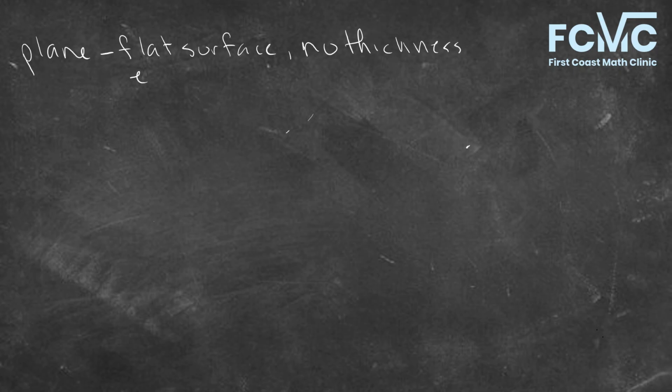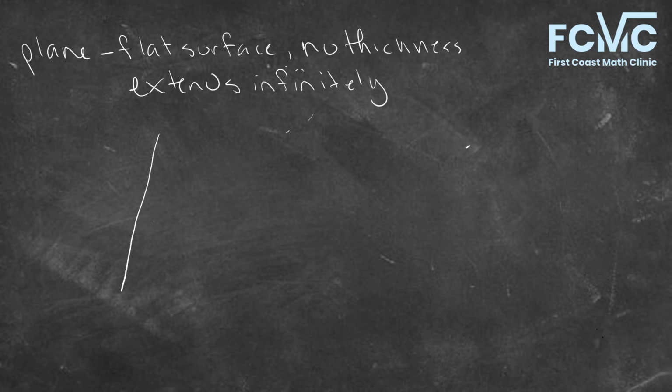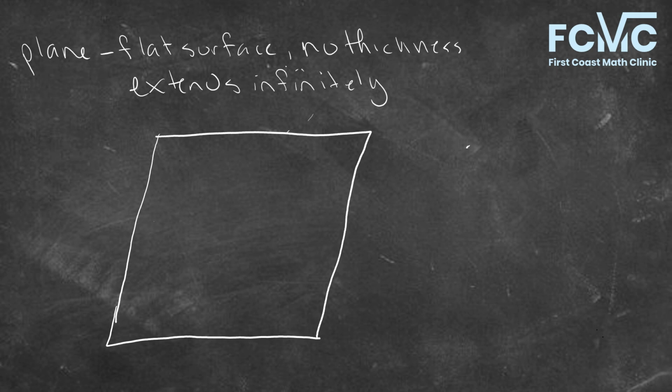But it extends infinitely. So if we're going to think about a plane, typically the way it's drawn is as a parallelogram, but you can almost think of it as like your piece of paper where you draw all your geometric figures and do all your work on. All right, that's our flat surface.